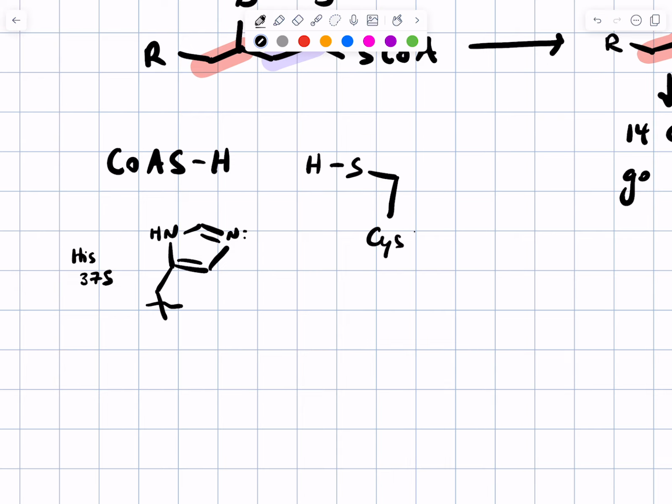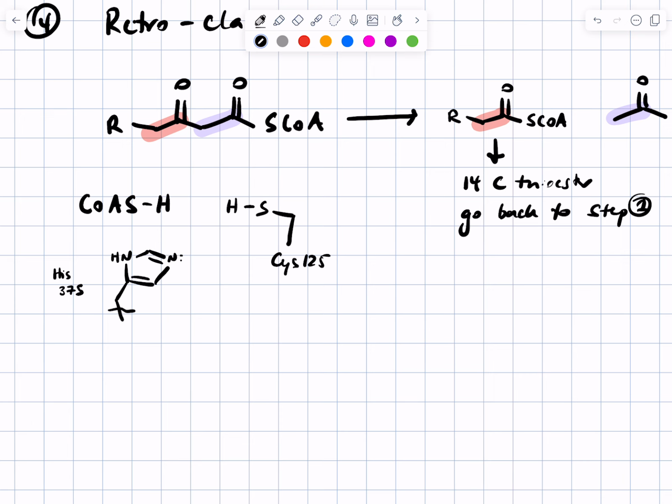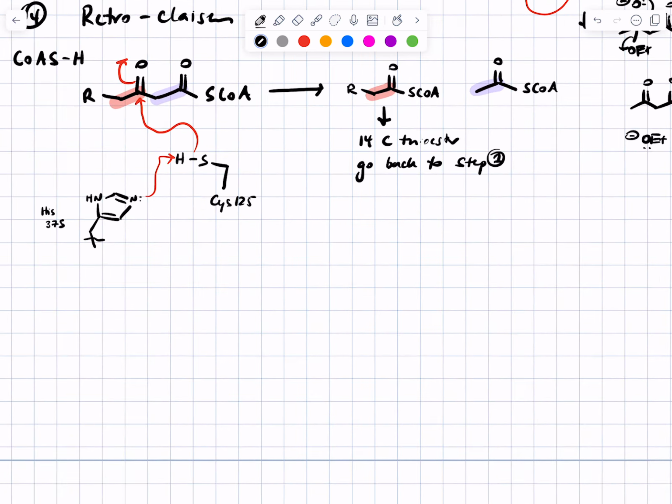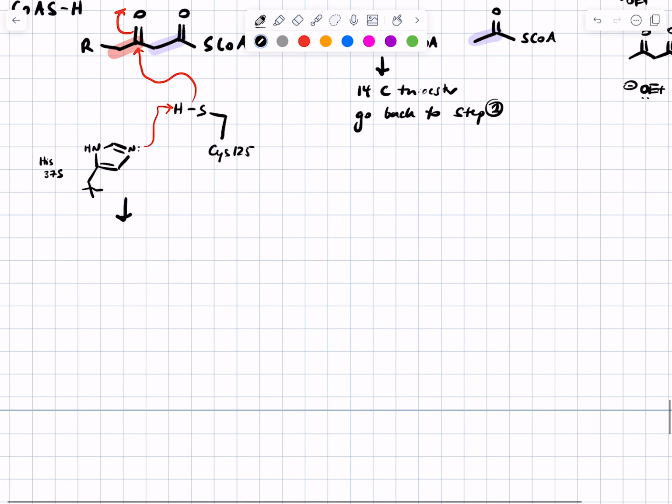All right, so it turns out that nature uses thiol-bearing side chains inside the enzyme to do a lot of the Claisen chemistry. And the coenzyme A thiol only comes in a little bit later. So a histidine side chain removes a proton from a cysteine side chain, which attacks the beta carbon as a nucleophile to give you a tetrahedral intermediate, which we're going to draw like this.